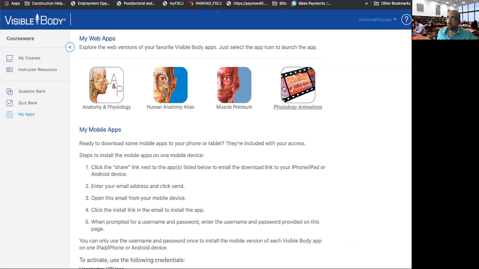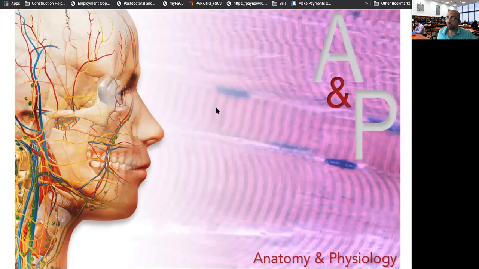First, you have the Physiology Animations. Those are animations that will be explaining challenging topics, very important. You have the Anatomy and Physiology app that will be matching the curriculum that we're going to be studying in this course. It will give you access to 3D models, graphics, and other study material.